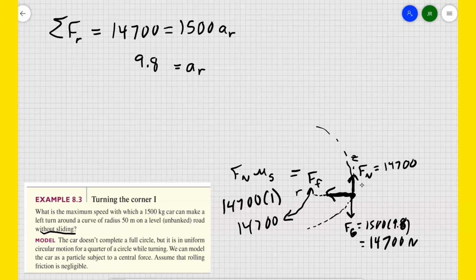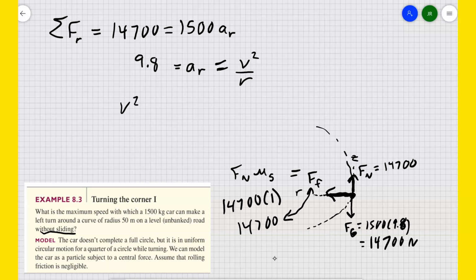And so what does it want to know? It wants to know the maximum speed. Well, that's tangential velocity. Can I get tangential velocity from what I've got now? Yes, because the radial or centripetal acceleration is always equal to v squared over r.